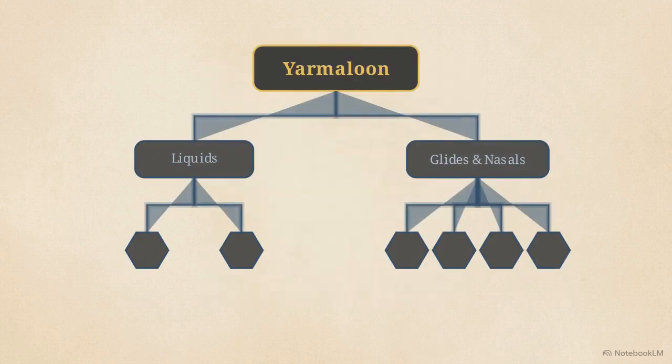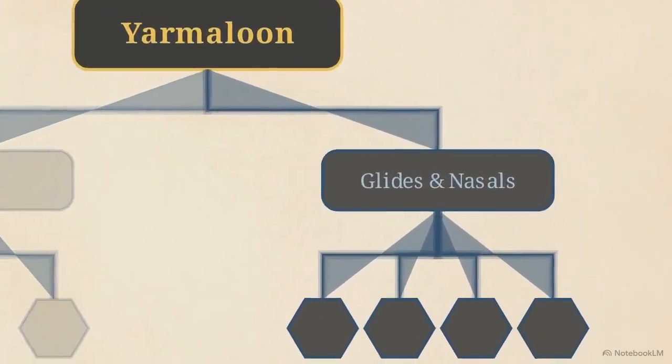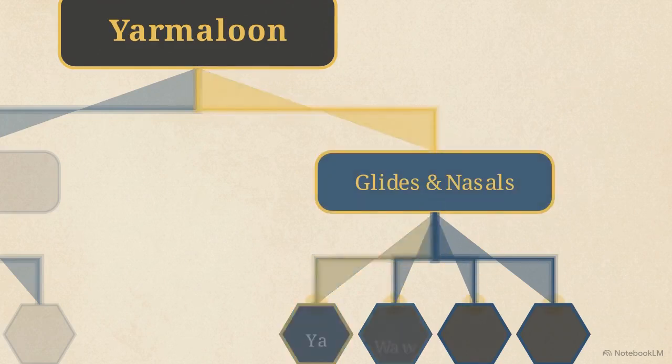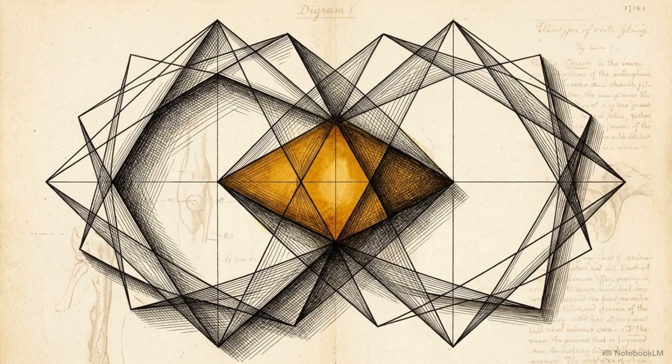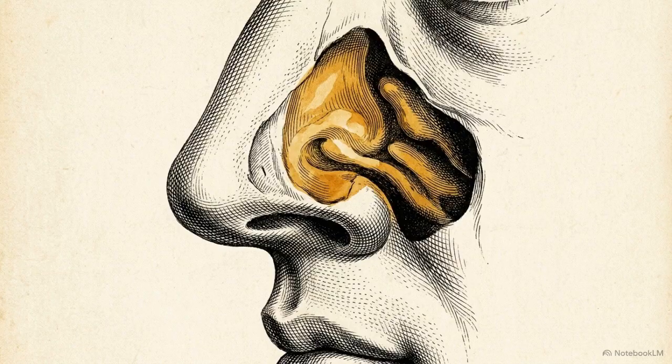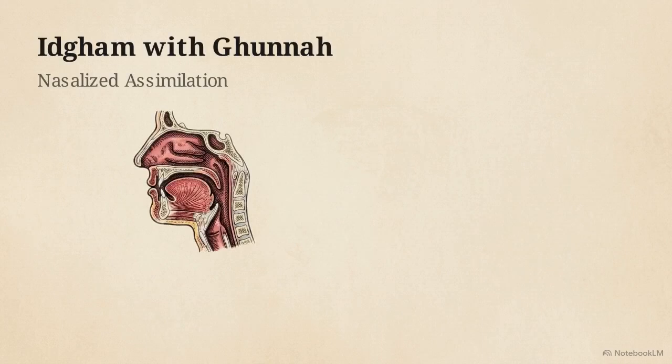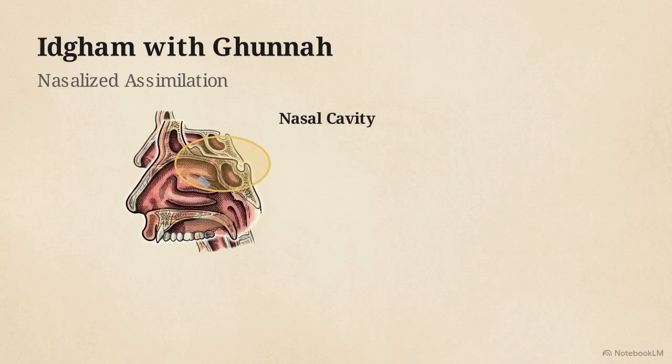The second branch of the logic tree handles the glides and nasals, ya, wa, mim, and nun. These letters require an opposing acoustic mechanism known as incomplete assimilation, or idgham with ghunna. Ghunna is a residual phonetic artifact that produces a distinct nasal resonance. This sagittal diagram shows the physical action. As the tongue prepares for the upcoming consonant, the soft palate lowers, closing off the mouth.